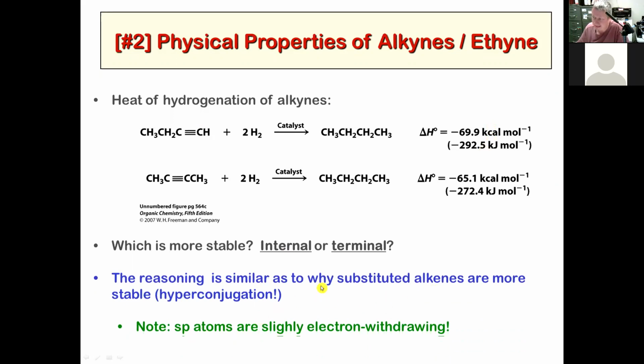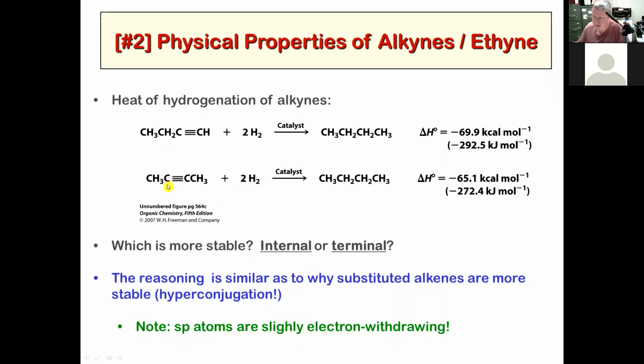This is the same reasoning if you look back in the alkene chapter, and we're not going to go into more detail, but it's a concept called hyperconjugation, basically the things on the alkyne or on an alkene stabilize it. So this is a more stable alkyne, this is a less stable alkyne. The other thing is that sp carbons are slightly electron withdrawing.